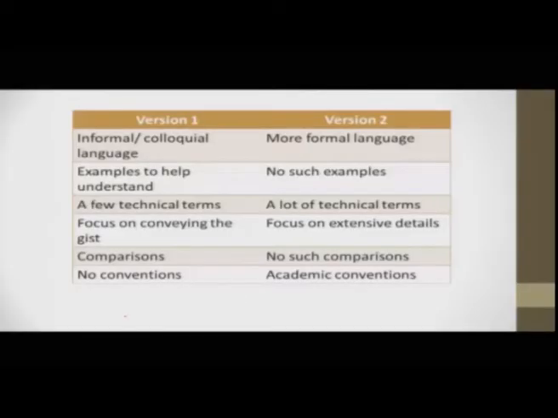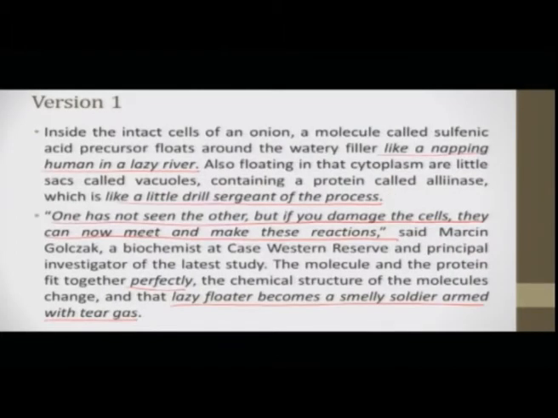So as mentioned earlier, the first one uses many similes, comparisons, whereas you will not find any such thing in the second one. The first one has no conventions. I am going back. So you can see here, this is plain text, except that there is a quote and it's in inverted commas.